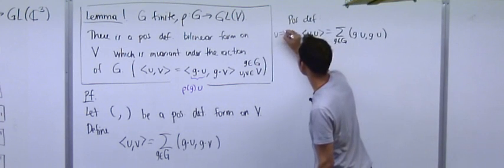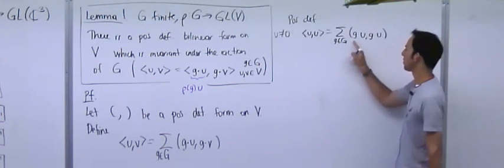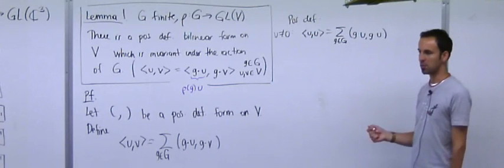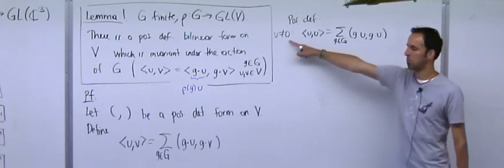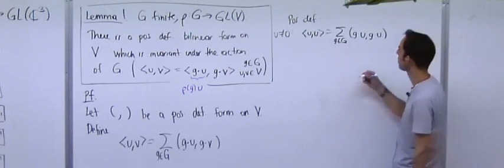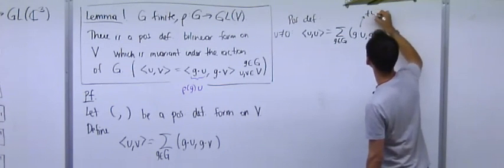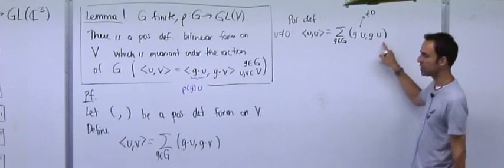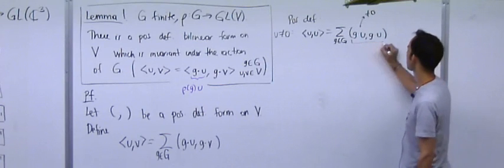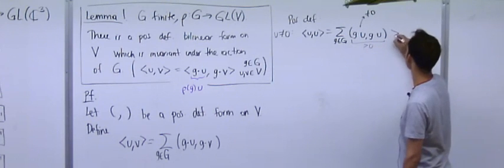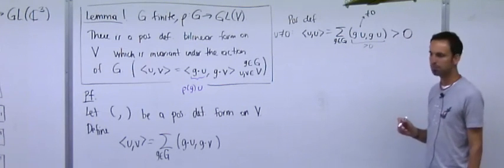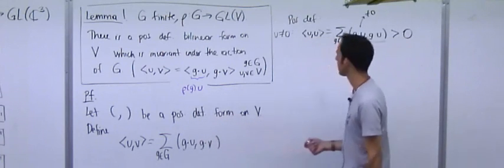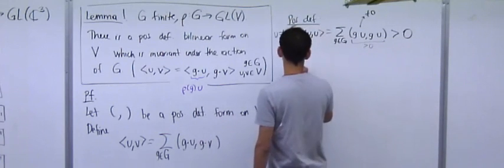Well, first of all, U is not 0. Okay. So can GU be 0? Well, it can't be because G is an invertible transformation. And an invertible transformation can't send something that is not 0 to something that is 0. So that means that this is not 0. And because this original bilinear form is positive definite, each one of these things is positive, which means that the whole thing is positive. So, I mean, it makes sense because I'm just adding positive definite things, so this is still going to be positive definite.